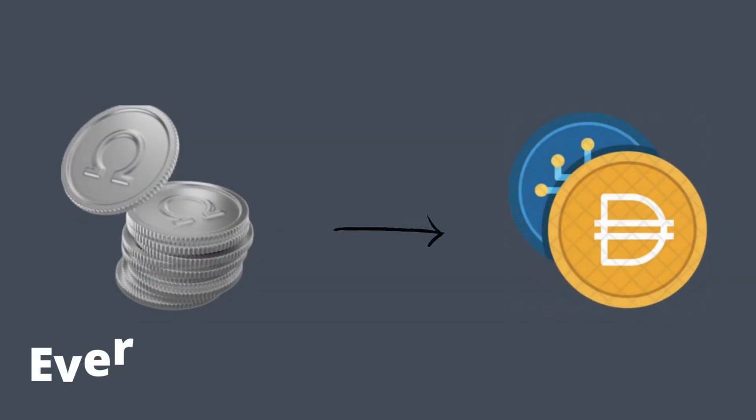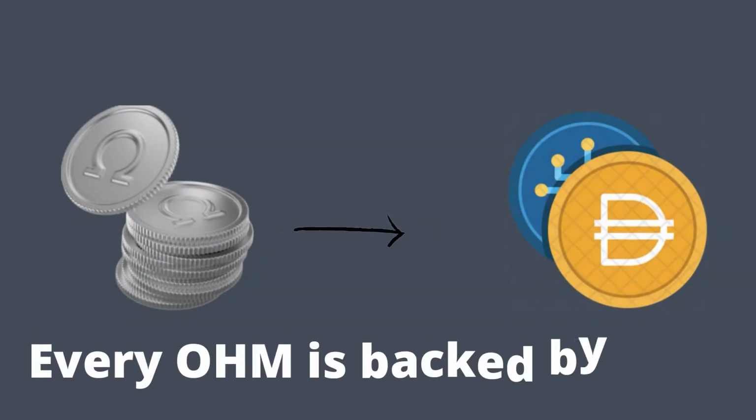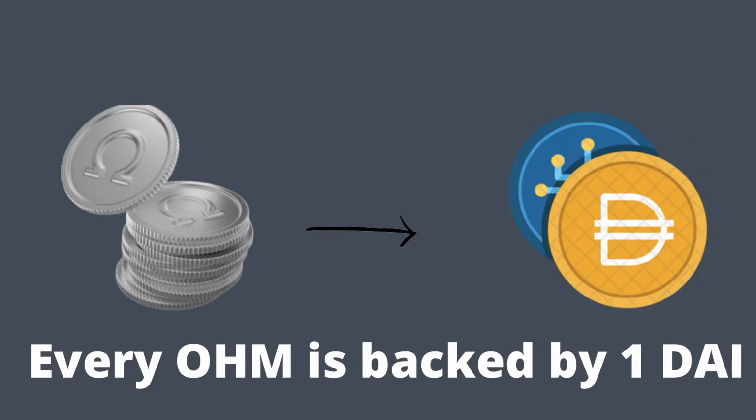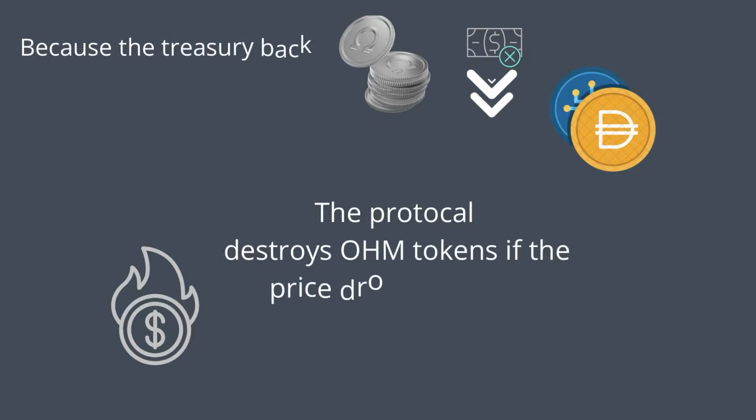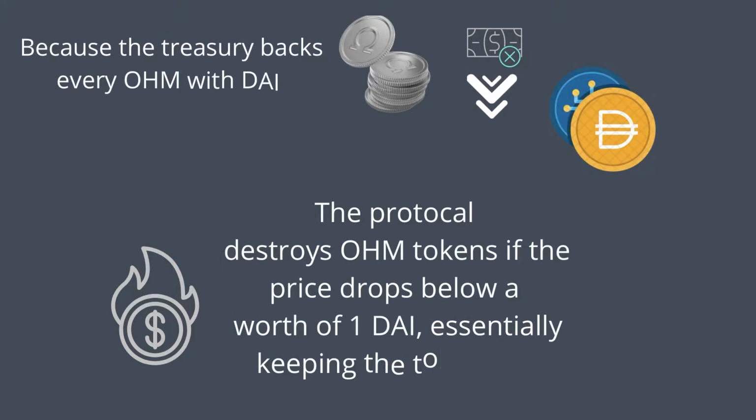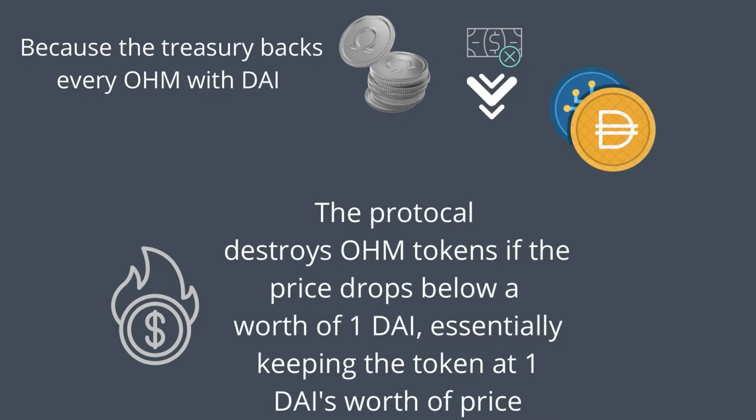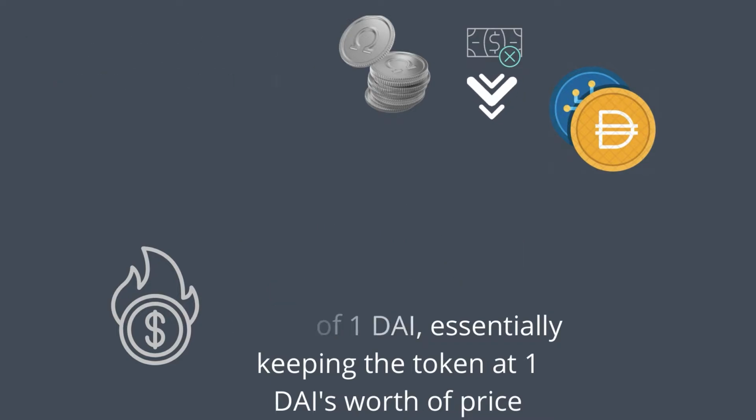Each OHM is currently backed by one DAI, which is one of the most used stablecoins that is backed by ETH. Because the treasury backs every OHM with at least one DAI, the protocol would buy back and burn, or destroy, OHM when it trades below one DAI.